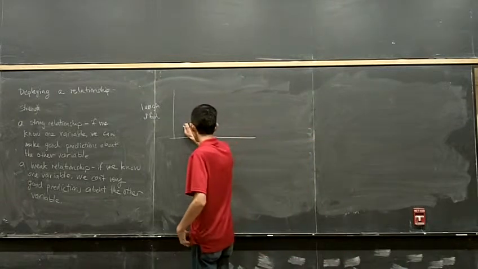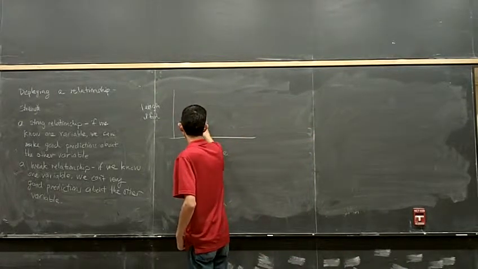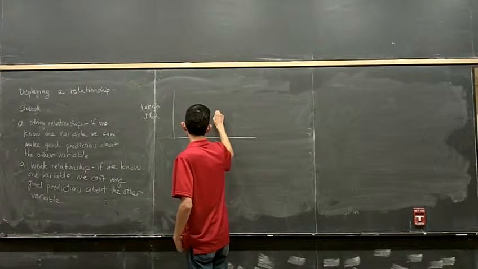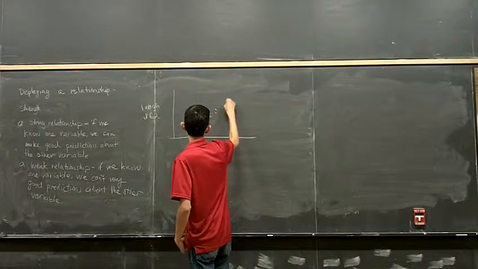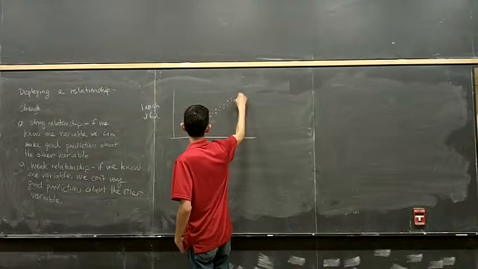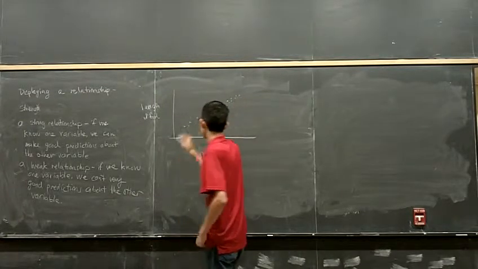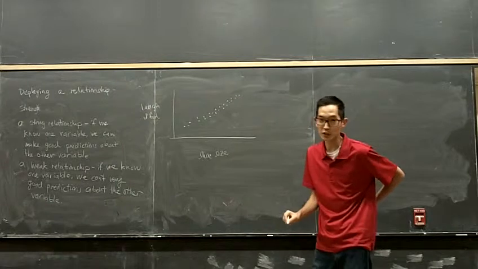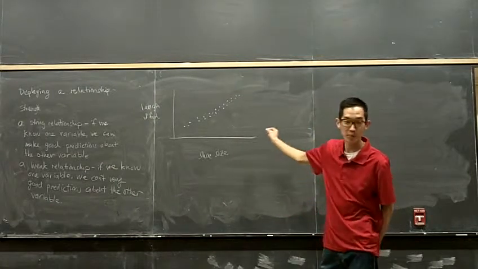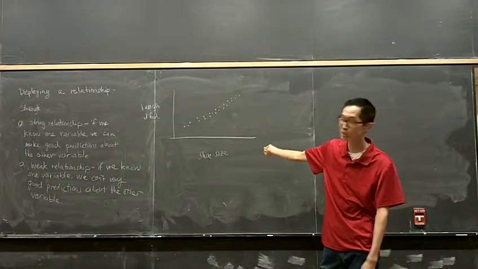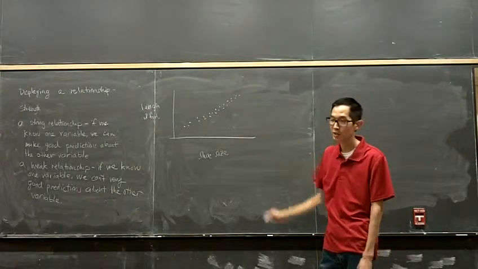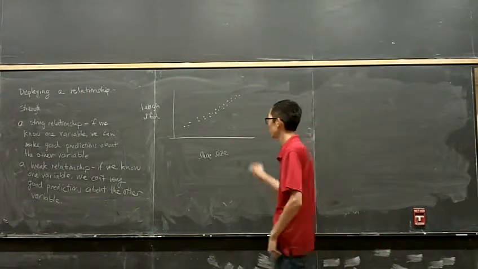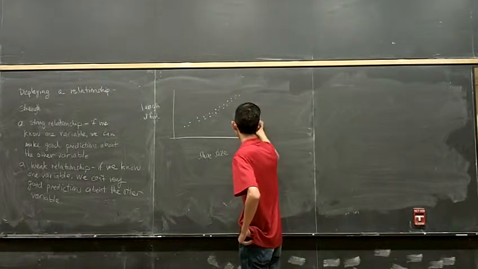But overall, we're going to have pretty good predictions, okay? And it's going to be a positive relationship, right? Because people who wear larger shoe sizes, the length of their foot will also be higher, okay? So they are positive, and this is going to have a strong relationship.